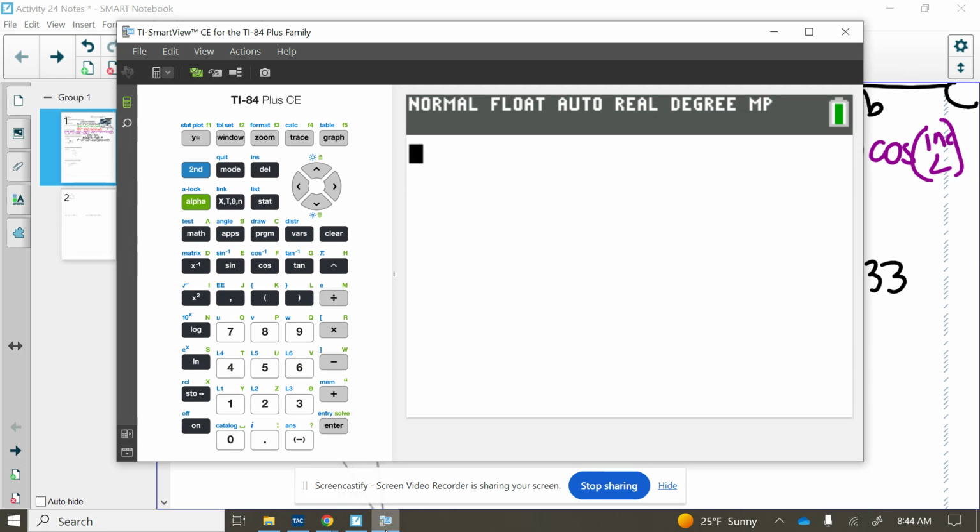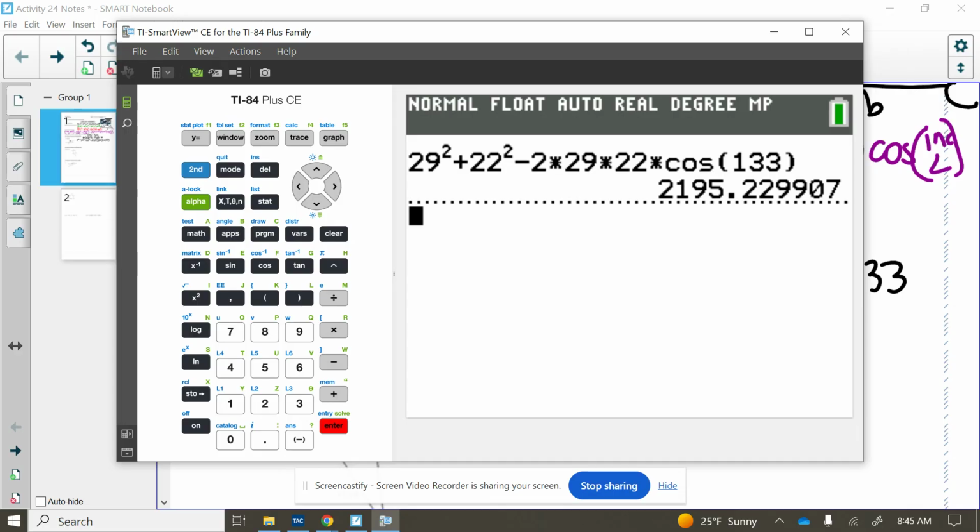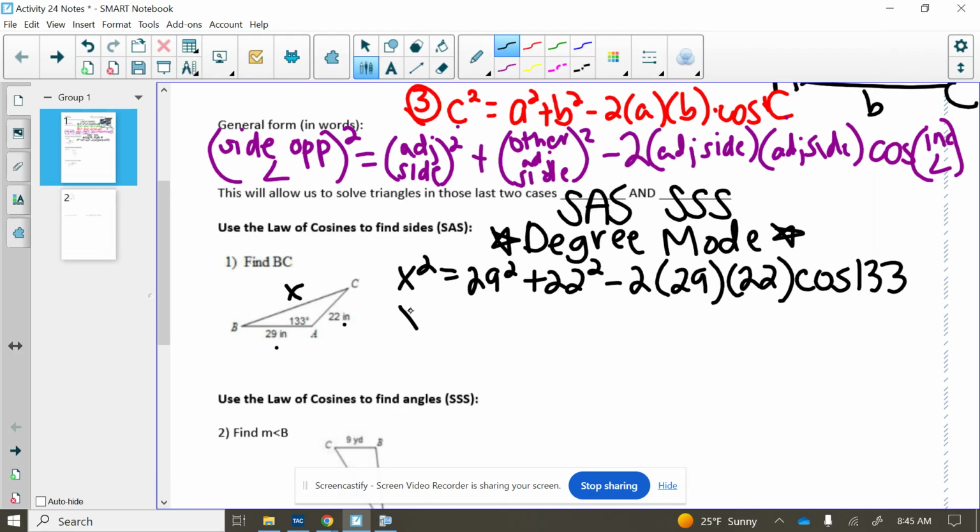So we're going to just type into our calculator 29 squared plus 22 squared minus 2 times 29 times 22, and then times the cosine of 133. And this value is what x squared is going to equal.